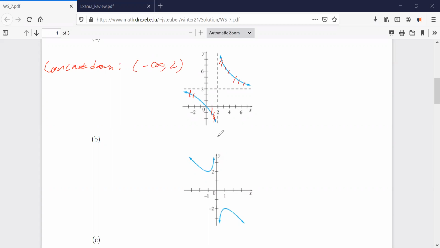This whole time, the slope is negative, but it's going from a very big, in square quotes, negative number to a very small, in square quotes, negative number. And that means that it is concave upwards, right? From 2 to infinity. Does that make sense to people?